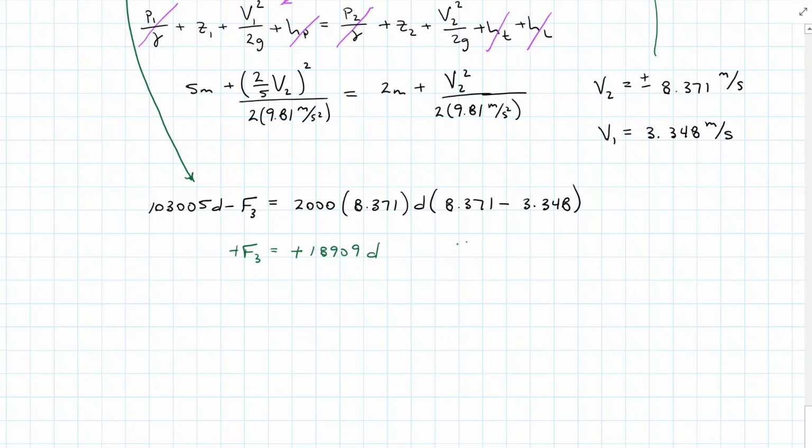Force 3 is equal to, and let's see, we're in newtons and meters, so that's going to be 18.9 kilonewtons per meter times whatever distance into the page D for our force 3. I got a positive answer, so that means the spillway is pushing on the water and the water is pushing onto the spillway. So for every 1 meter into the page, we have 18.9 kilonewtons of force.